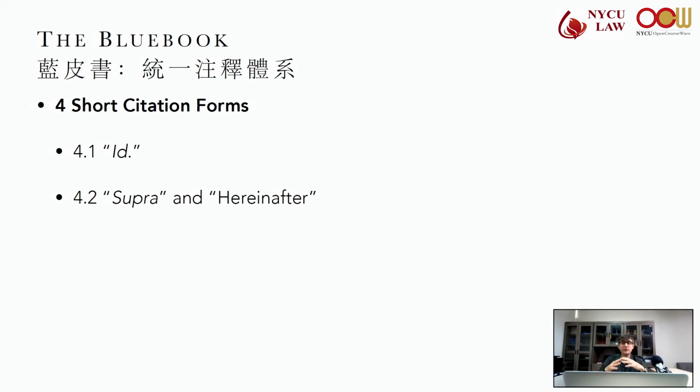We indicate the footnote where the full citation can be found, unless it's just in the same footnote. And then again, you have to indicate how the subsequent citation differs from the previous citation, for example, a different page number. So there's some examples here.